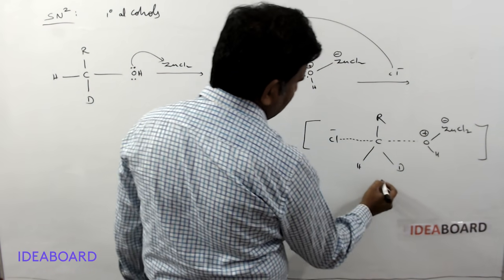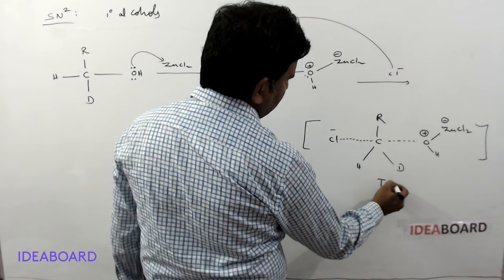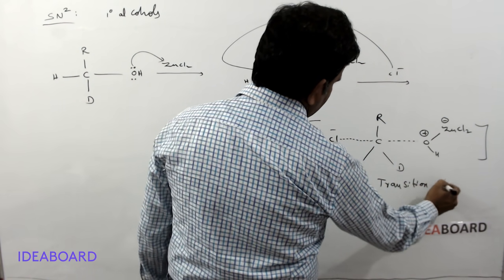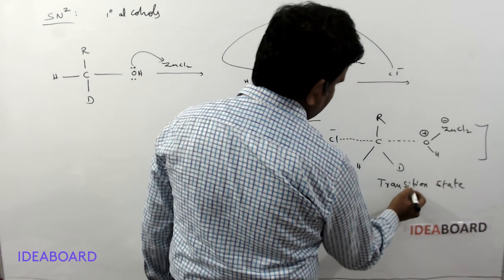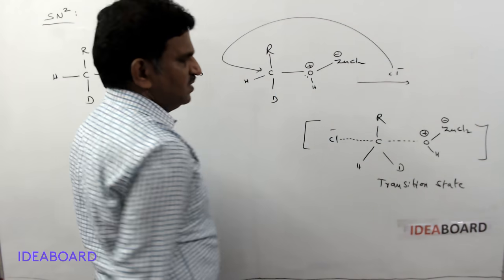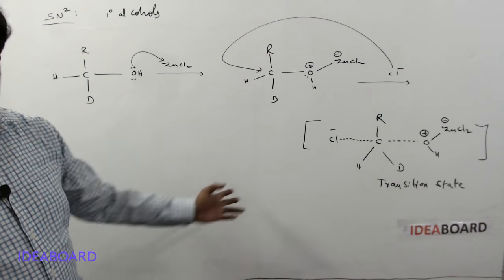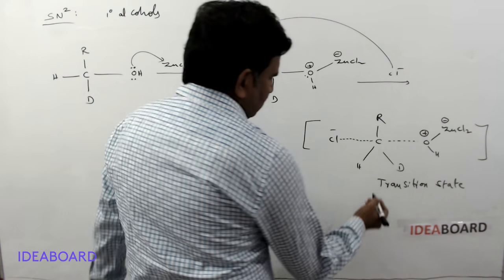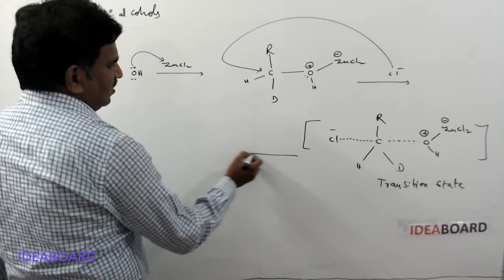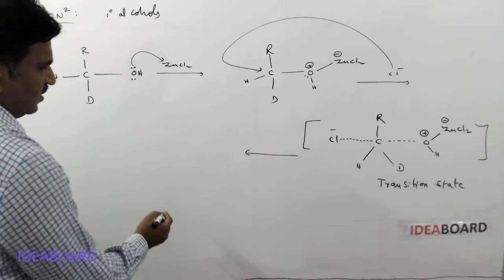This is called a transition state. It is not forming a carbocation, and this transition state is unstable, and it immediately decomposes to give the final product.